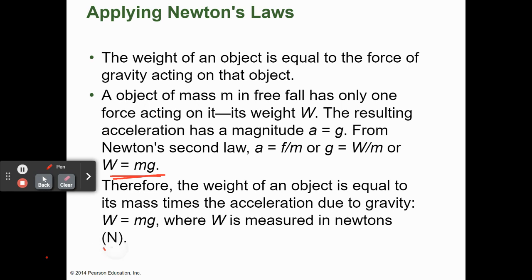Weight is always in newtons. So please be careful when you say the word weight. When weight is in the problem, we are talking about force due to gravity. It is not grams or kilograms. Write that down somewhere. Weight is not grams or kilograms. It is newtons. Or if we were in English units, it would be pounds.